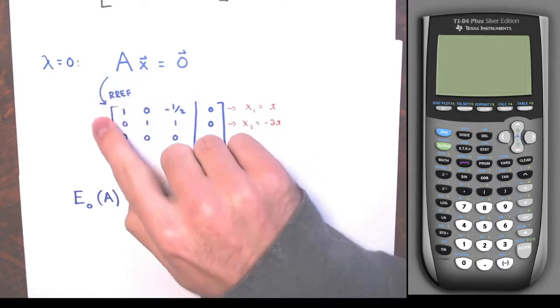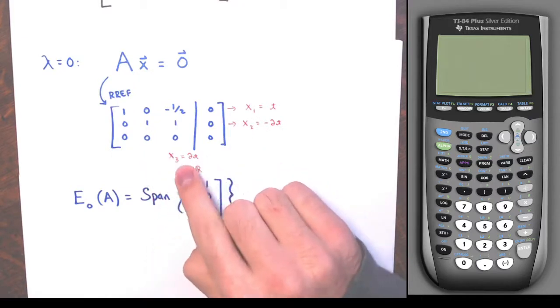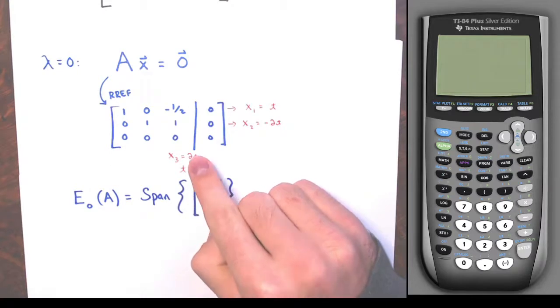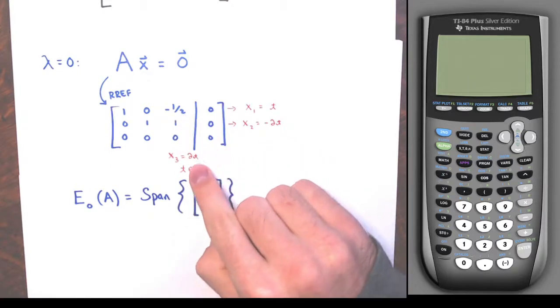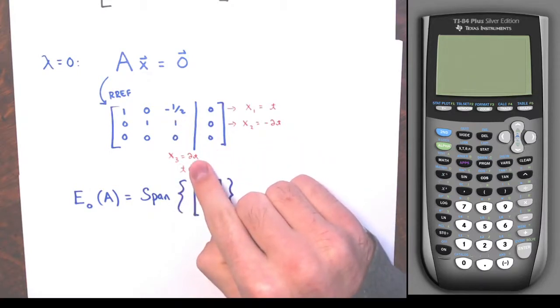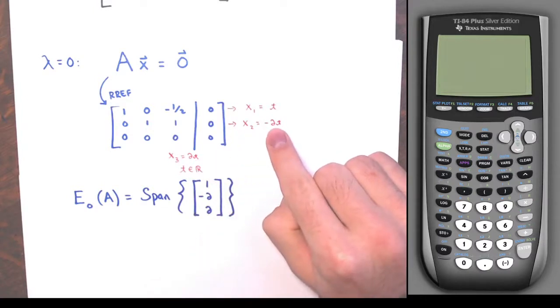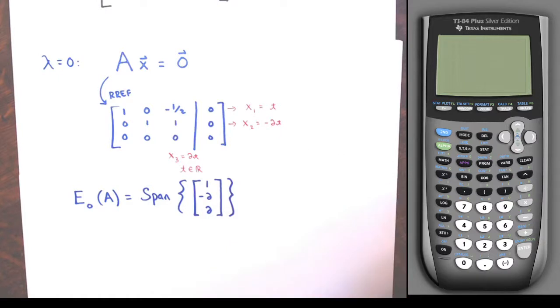Put A in reduced row echelon form, got this. x3 was a free variable. I let it be 2t because of the fraction there with the half. If I let x3 be 2t, for t being any real number, then x2 would be negative 2t, and x1 would have to be t. So the eigenspace of A corresponding to 0 will be the span of the vector (1, negative 2, 2).